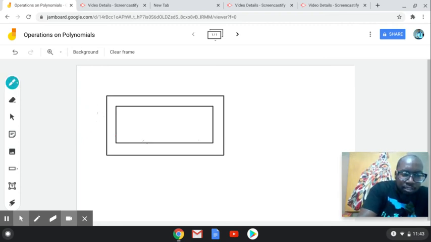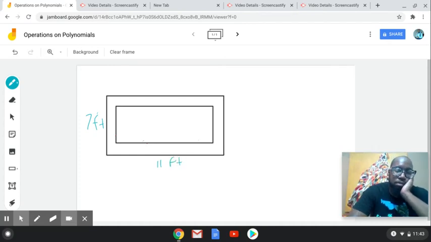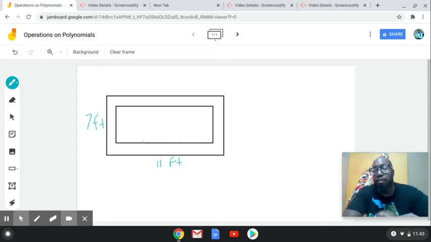So let's say this is 7 feet, and this is 11 feet. That is the size of the whole border, 7 feet by 11 feet.